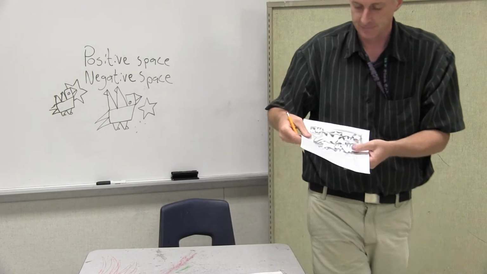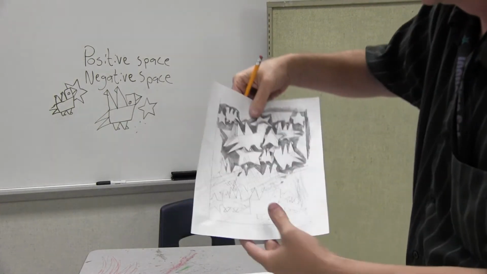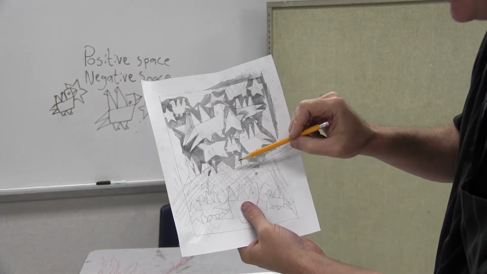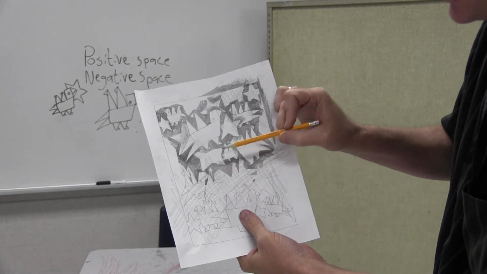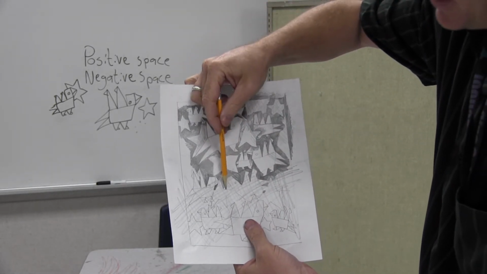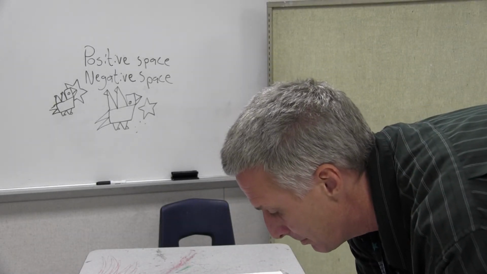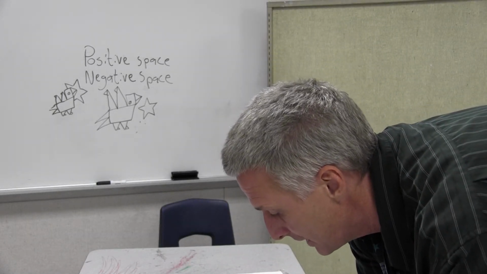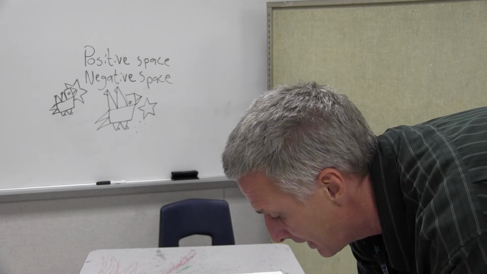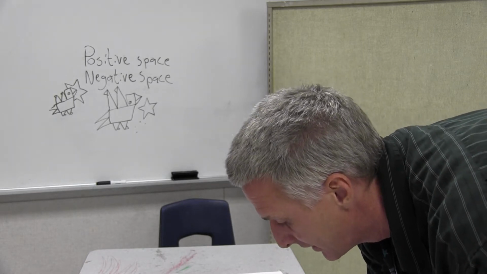So, here you can see I've been working on this guy right here, and I could even darken in real quickly here the bottom, the area right below the beak, in the area that's part of that star.